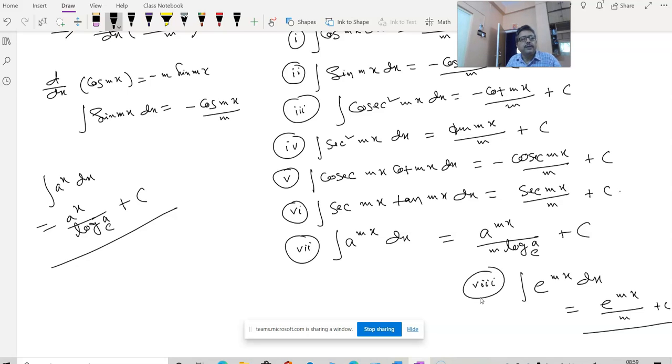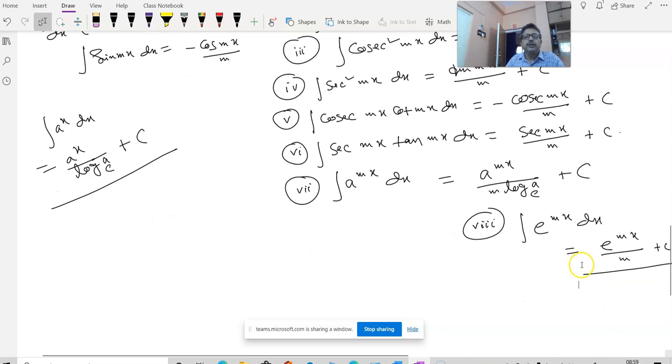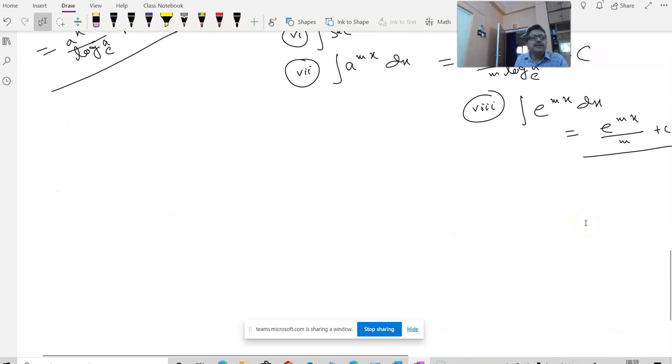Okay. So all these formulas for integration are available now, and we can start with a variety of problems in integration to apply this procedure. Let us see the first example.